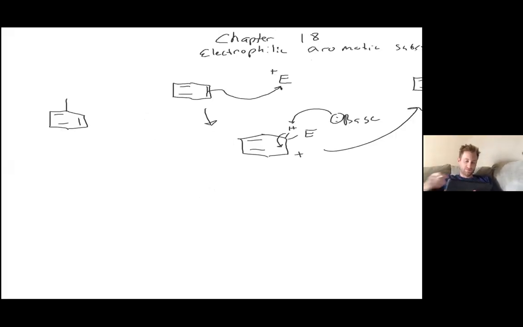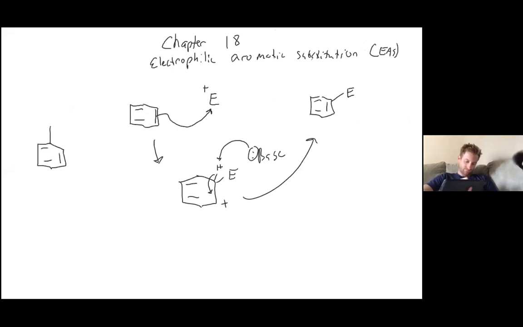is referred to as our ortho position. Two carbons away is going to be called meta. And then our furthest position away is referred to as the para position.